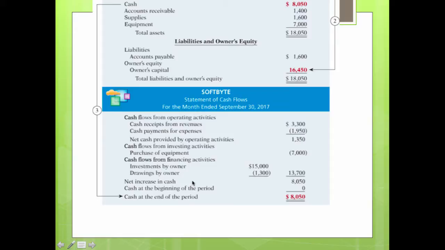And so the ending balance should match your balance in the cash account. Notice here, the cash account is $8,050, and after you complete the statement of cash flows, it also matches $8,050.